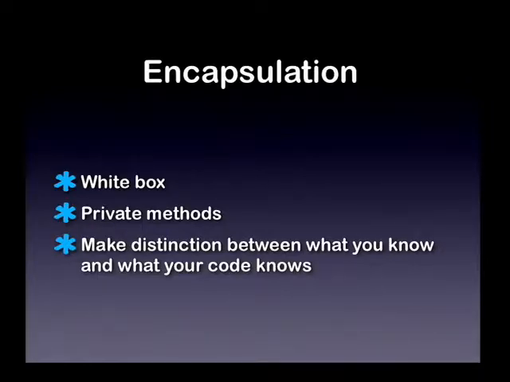I want you all to understand everything. I know we don't document it, but there's no reason for you not to understand all of how Cocoa works. It will do nothing but make you a better developer. However, you can't rely on it. You need to make a solid distinction between what you know and what any particular block of your code knows. This is the fundamental principle of encapsulation in the first place.